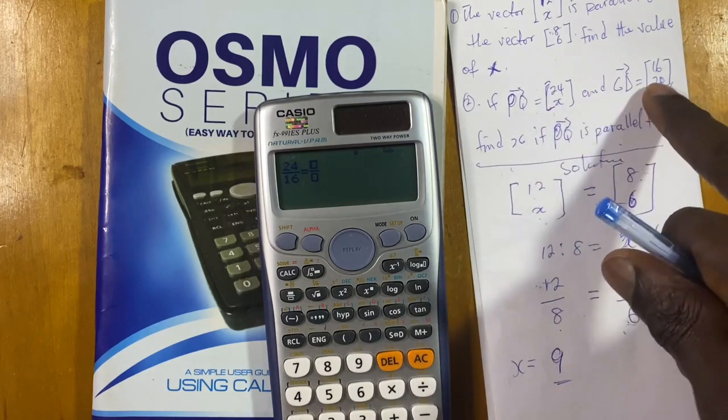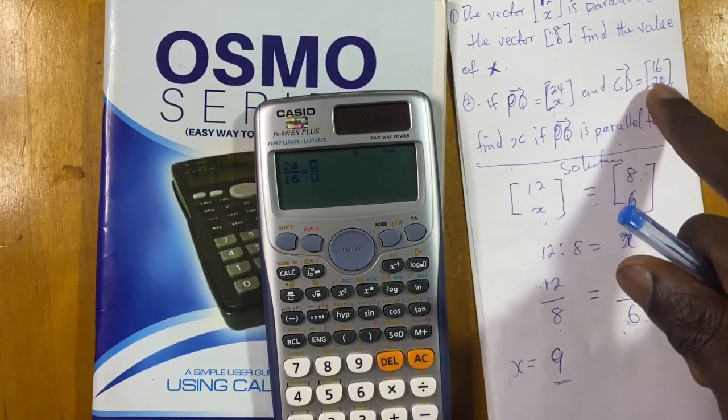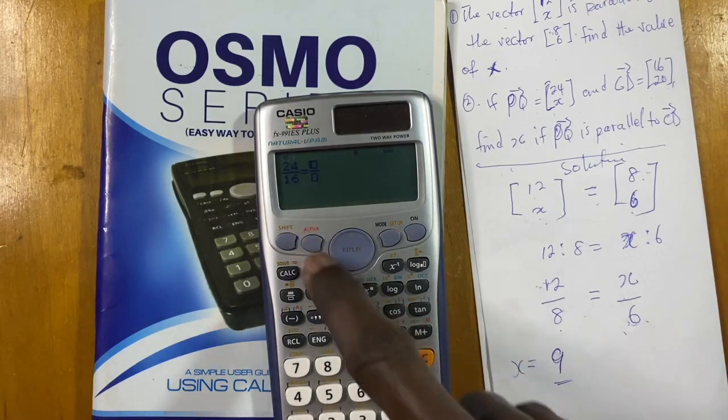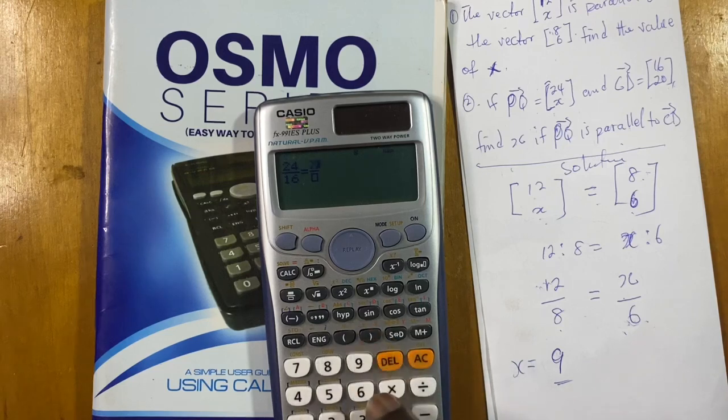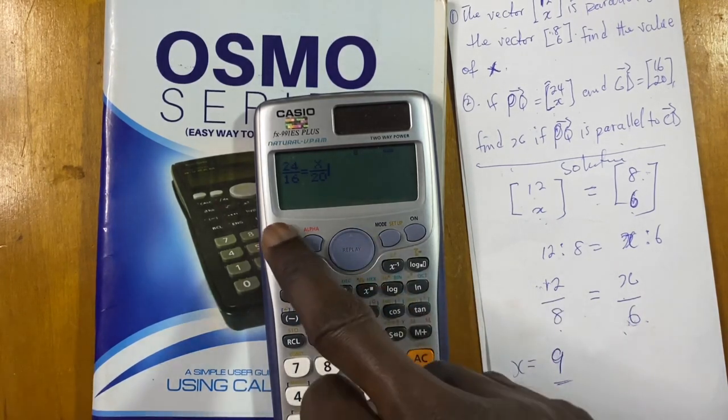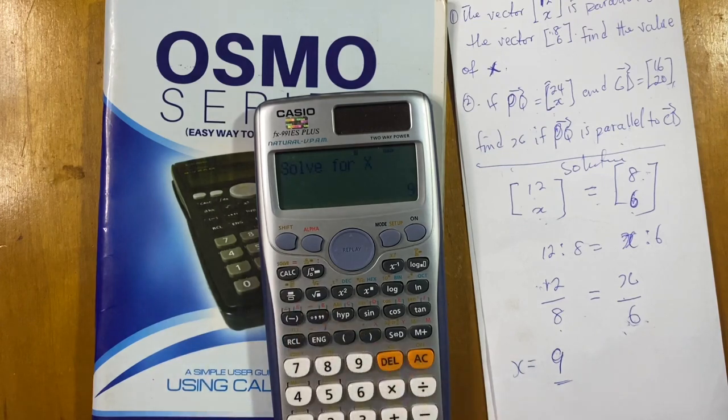As simple as that. So now x over 20: alpha x, bracket close. Now bring your cursor down. You have 2, 0. You bring your cursor out. Shift calculate, solve for x, and you get x to be 30.